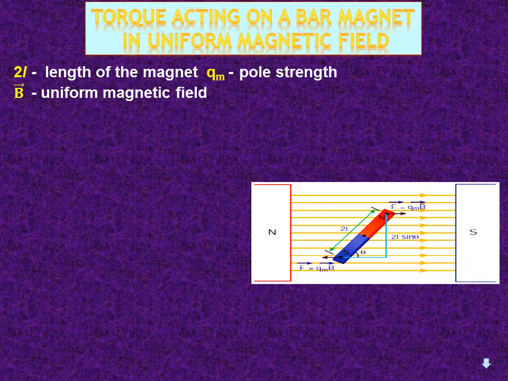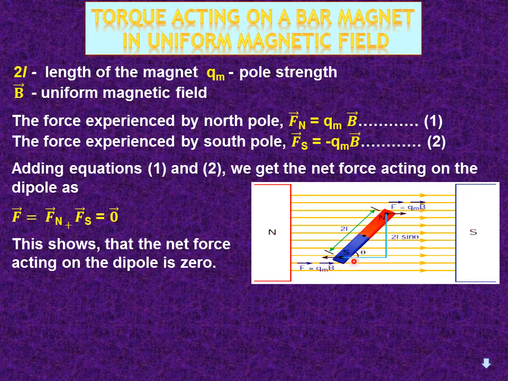See here, there is a force Qm B at one pole and a force minus Qm B at the other. This shows that the net force acting on the dipole is 0.